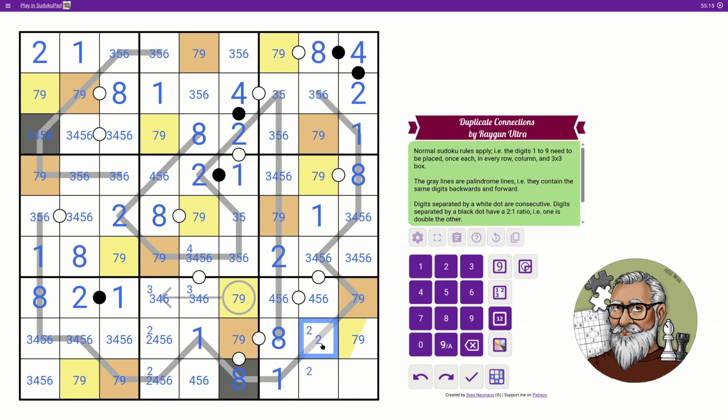Oh, can't have 5 there, right? 2, 4, 6 because of the 5 here. So this isn't 5. One of these is 5. I have to resolve this somehow. How?